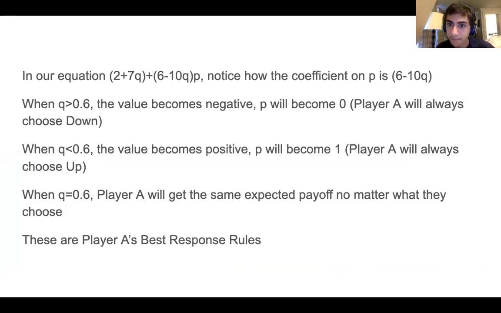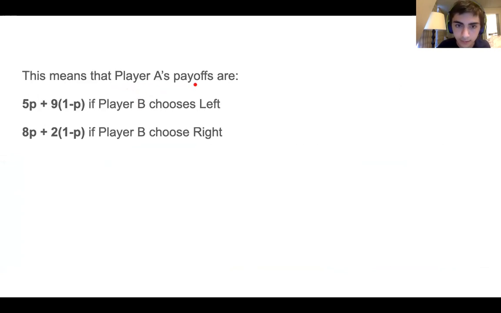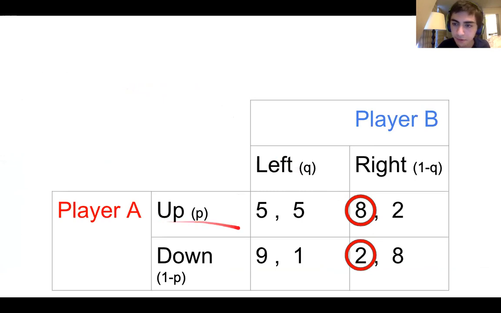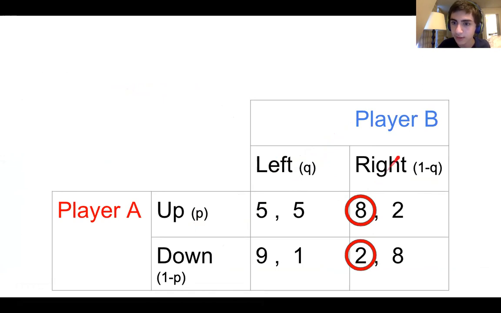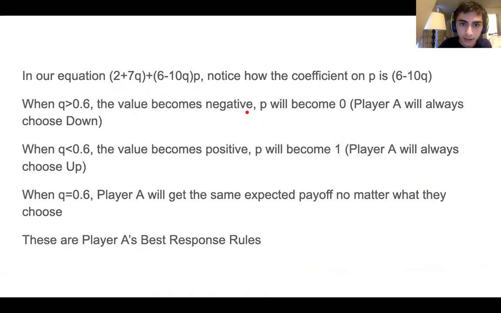Player A chooses up with P chance, and then down with 1 minus P chance, and then player B chooses left with Q chance, and then right with 1 minus Q chance. So with this part, this is just player A's payoff, right? The expected payoff, but we don't know any of the probabilities, so we just have to create this expression, that's the word.